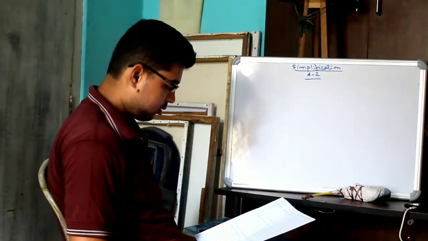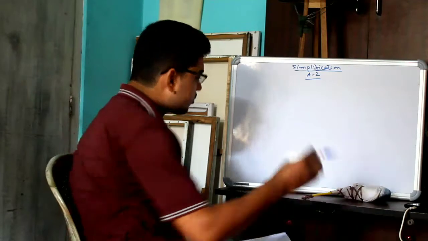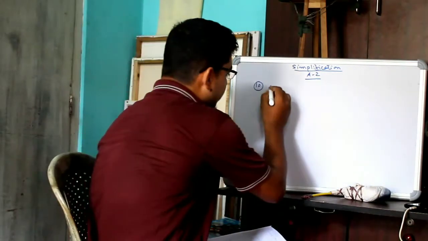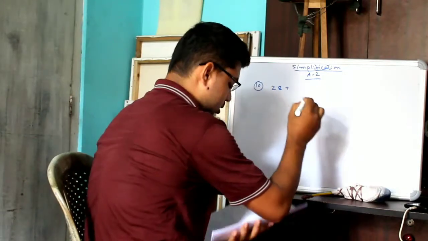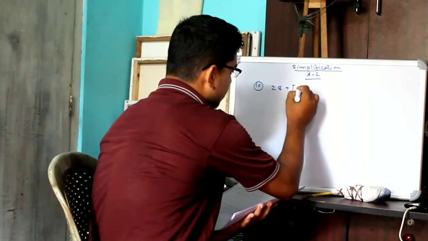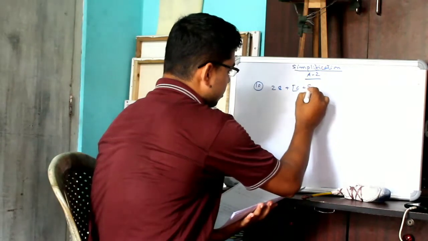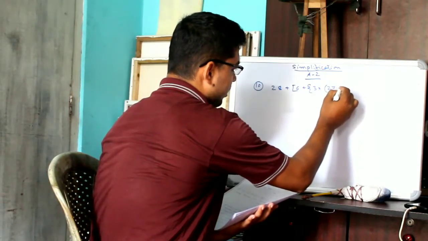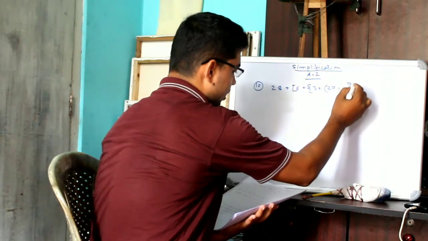Next, number 10: 28 plus (6 plus 3 into 27 divided by 9 by 5).